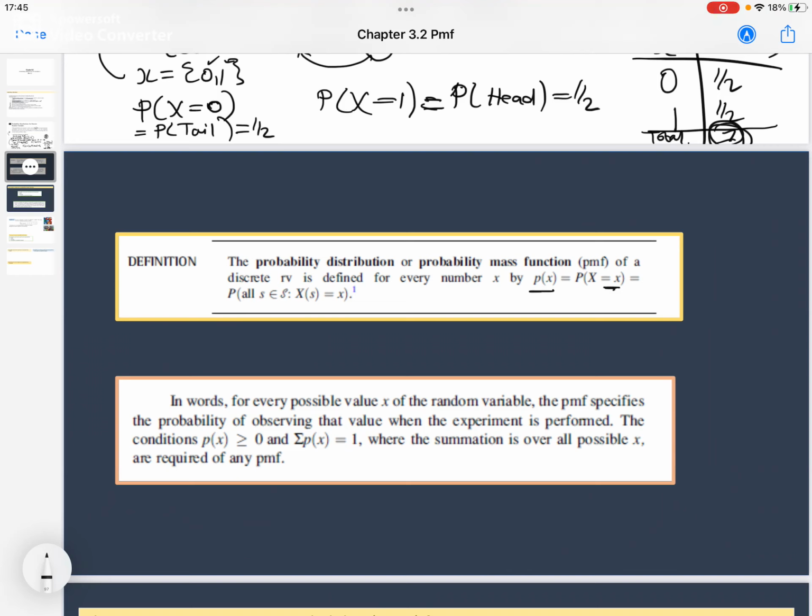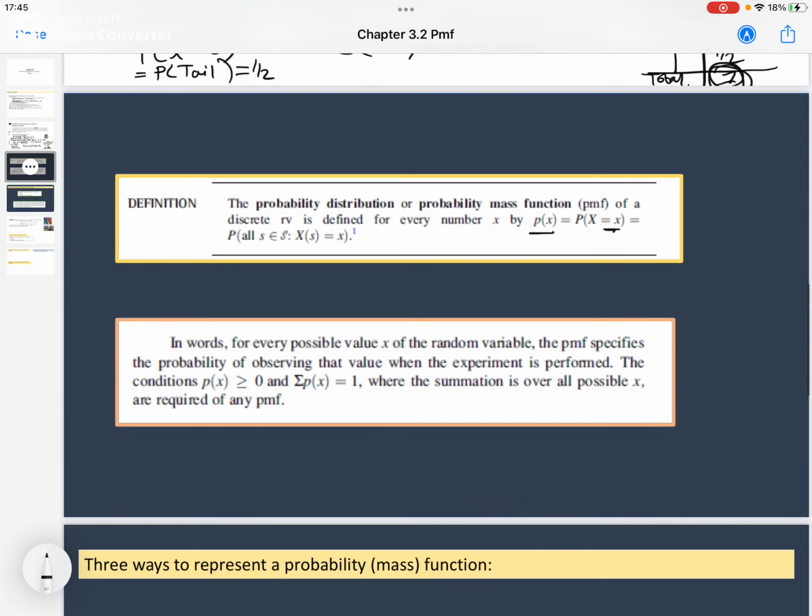This probability is the same as the probability of observing a specific outcome in your sample space. So in words, for every possible value x of the random variable, the PMF specifies the probability of observing that value when the experiment is performed.